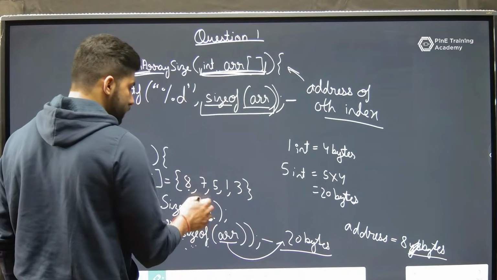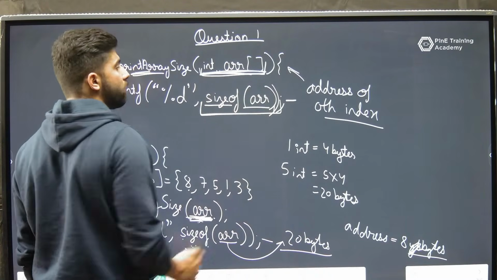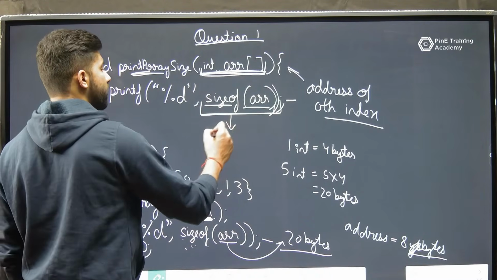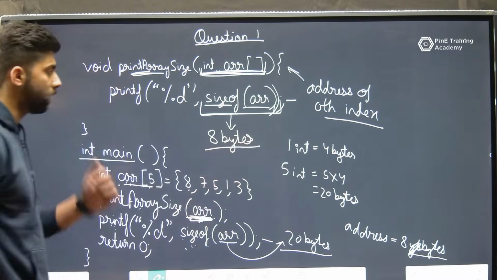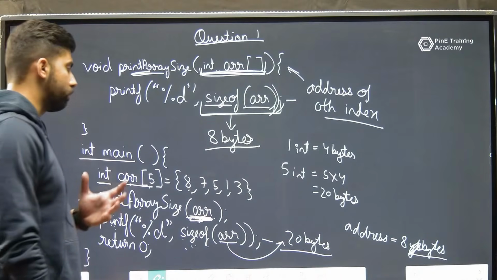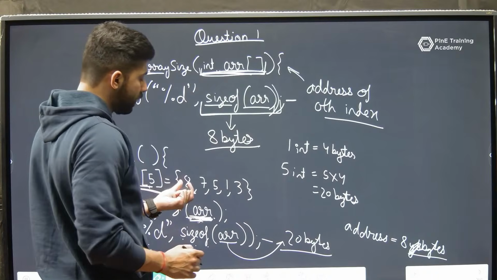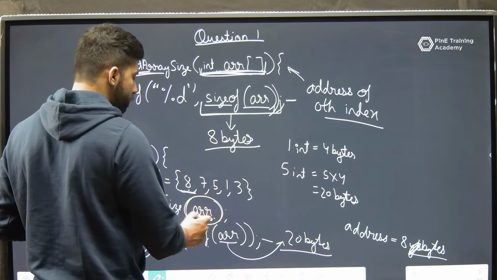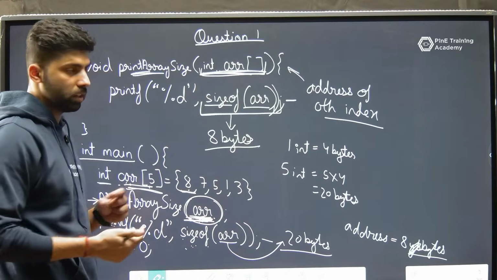Since we are passing just the address of the 0th index, if I try to calculate the size of the array here, it will give me 8 bytes and not 20 bytes, because an array by default stores the address of its 0th index, and when we pass it to a function, that address is passed to that function.